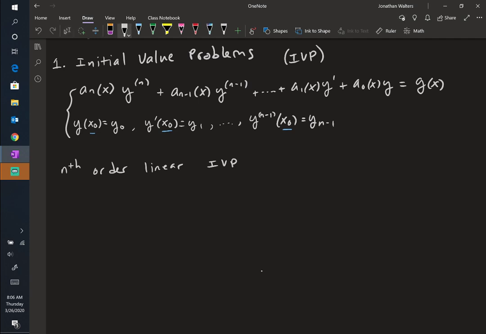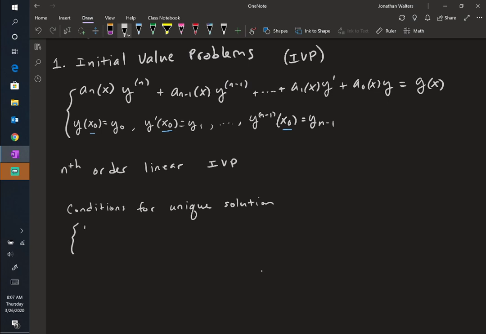So, conditions for a unique solution. I'm not going to focus on this a lot in the class, but just to be thorough, we have to have these two conditions satisfied.